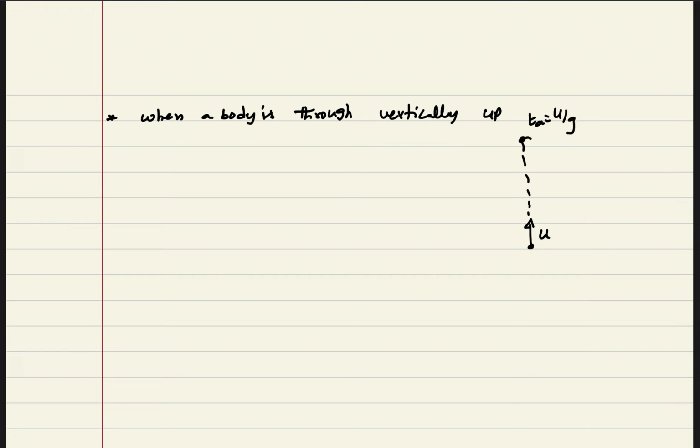Let us consider the other case, when a body is thrown vertically up. In that case, what will happen? Here, I am throwing a body vertically up with velocity u. It reaches the maximum height at a time of ascent equal to u by g.